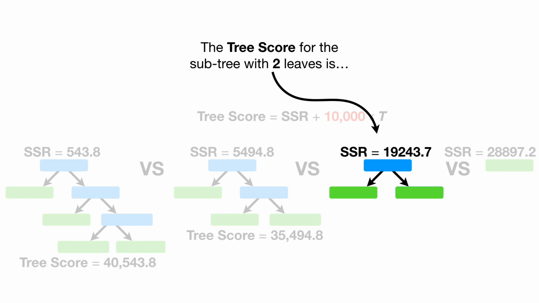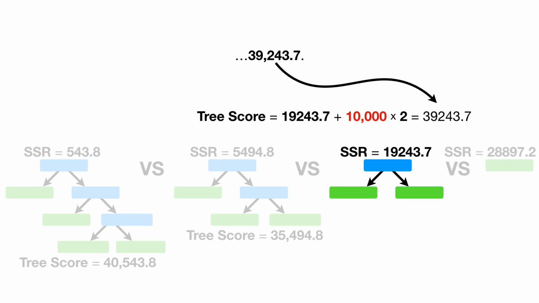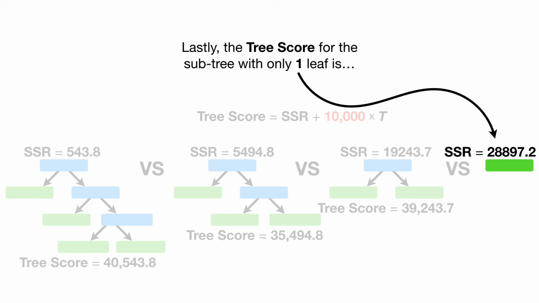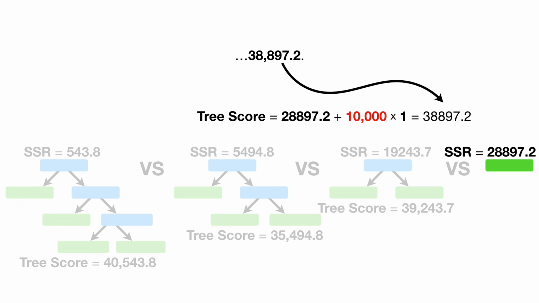The tree score for the subtree with 2 leaves is 39,243.7. Lastly, the tree score for the subtree with only 1 leaf is 38,897.2.